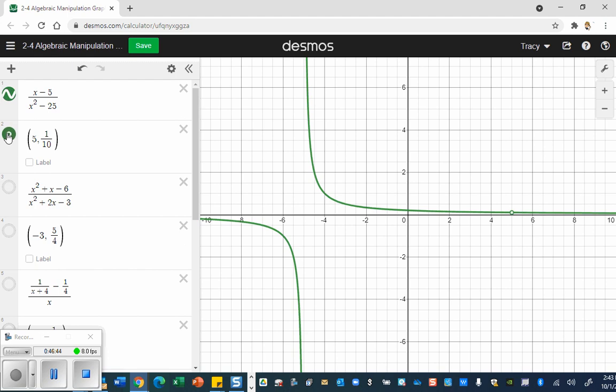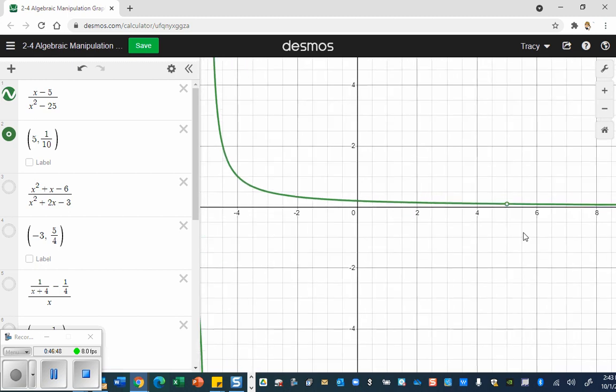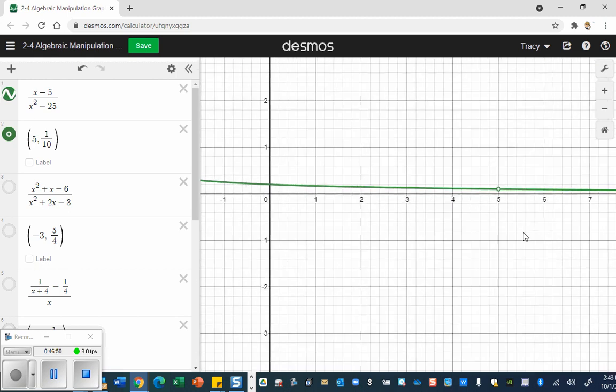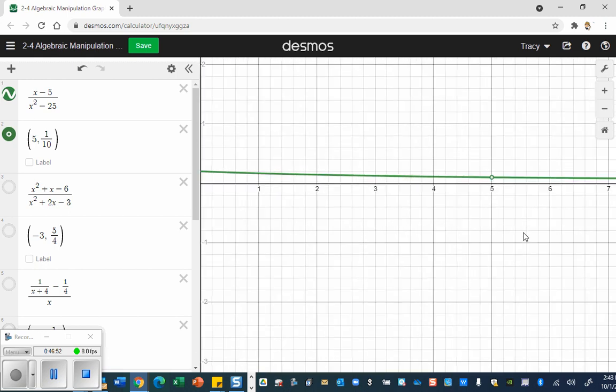The limit that we talked about, do you see it here? When x is equal to 5, what do we have? A hole! That's the hole that we eliminated.